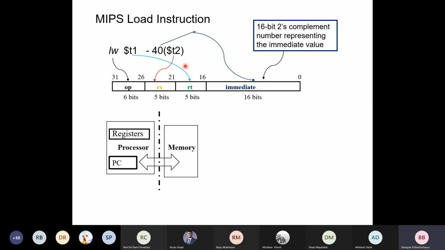Okay. Now you compute the memory address of the data. Again, this 32-bit data address has to be passed from the processor to memory. The data has to be retrieved and passed again to the processor side, again 32 bits. So how many bytes are getting transacted? So many bytes are being transacted from the left side to the right side and from the right side to the left side.